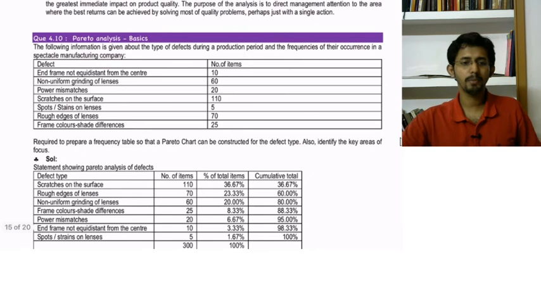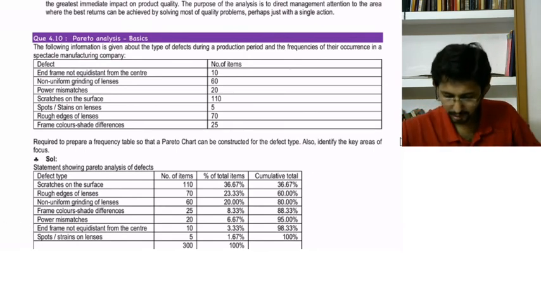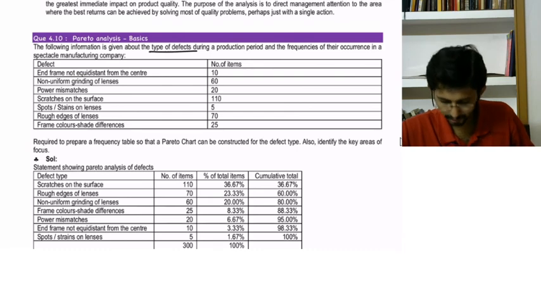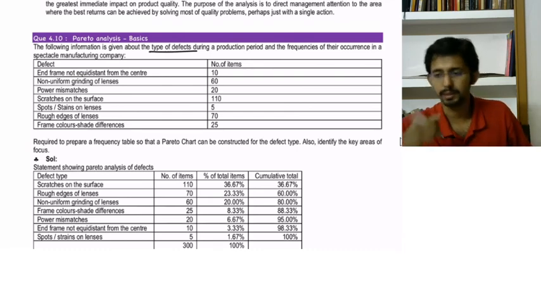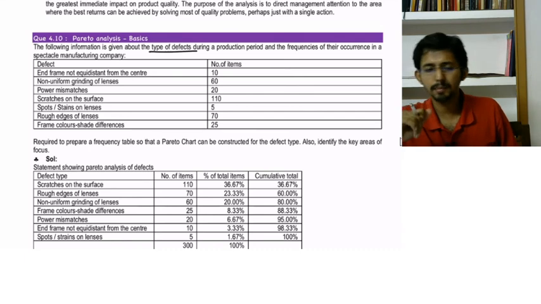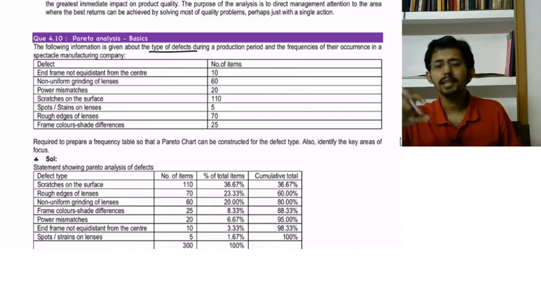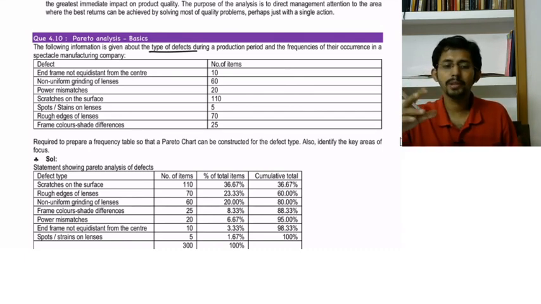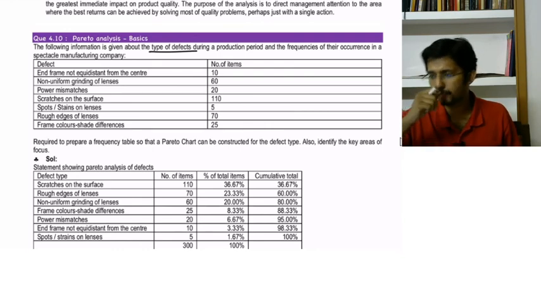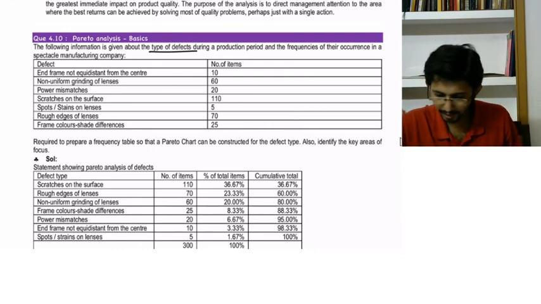The following information is given about the type of defects during a production period and the frequencies of their occurrence in a spectacle manufacturing company. So during the course of the process, the number of defects has been quantified or tabulated. Defect, number of items.